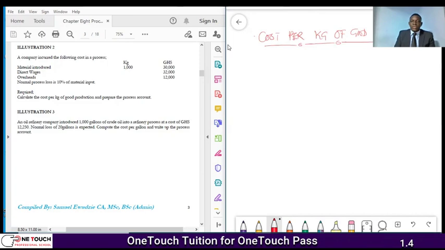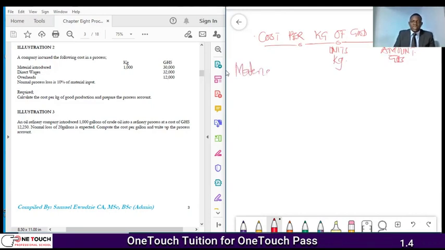So here we have the units and the amount. And here the unit is in kilograms. So let's look at materials.